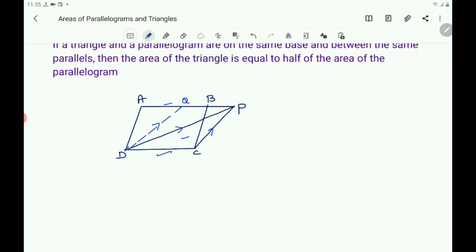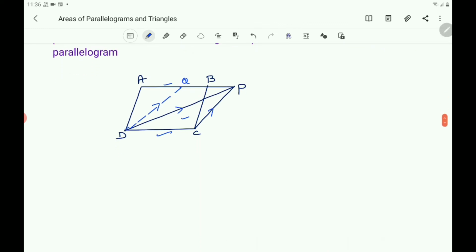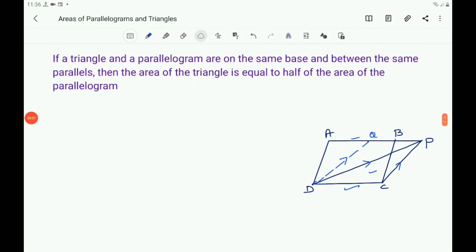Therefore, you can say that the area of a triangle is half of the parallelogram if they are standing on the same base and between the same parallels. Now, let us prove this. So, you write the proof here.